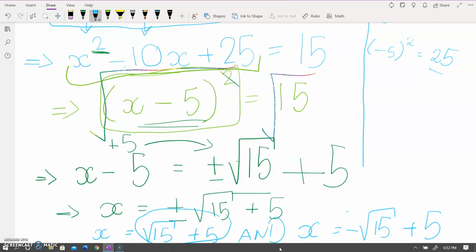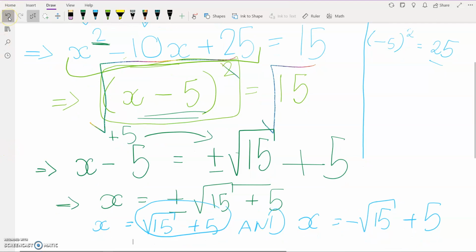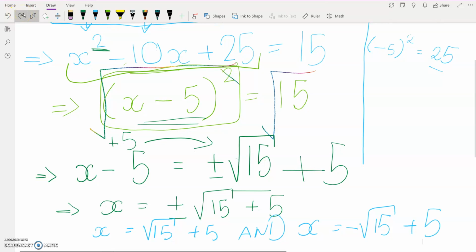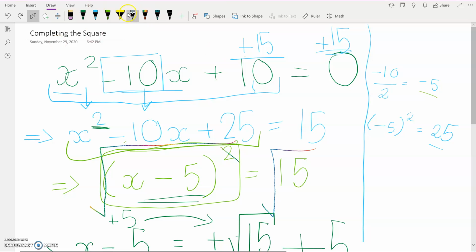That's pretty much it. These are our two solutions from completing the square. And you probably understand the entire concept behind completing the square now.